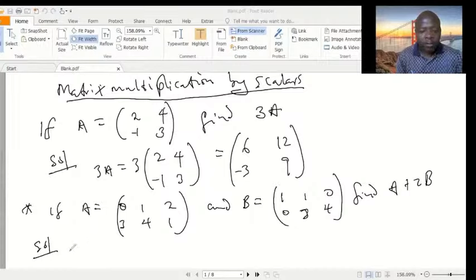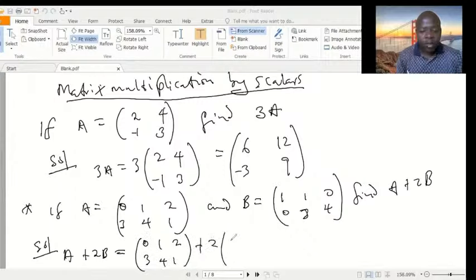My solution: A plus 2B will be A, which is [0, 1, 2; 3, 4, 1], plus 2 times B, which is [1, 1, 0; 0, 3, 4].